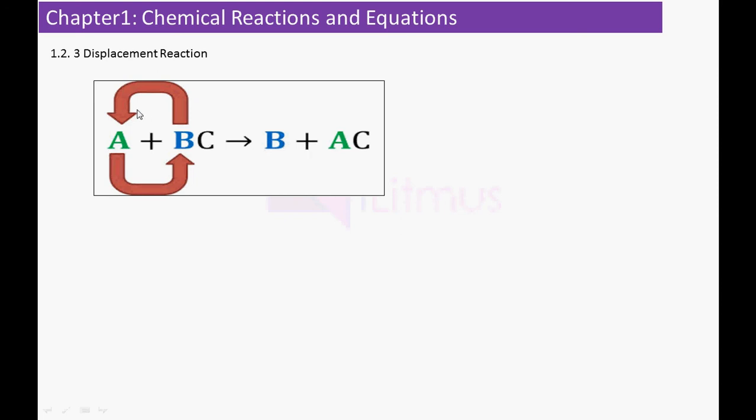Okay, so what is displacing? A is displacing B from BC as a compound. Let's understand in a different way. Okay, so zinc reacts with hydrogen sulfide. So what happens? Zinc displaces hydrogen and makes zinc sulfide and hydrogen.